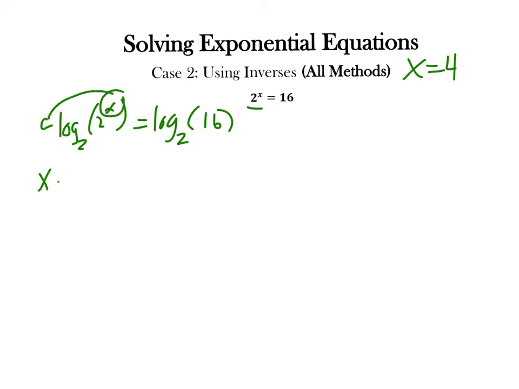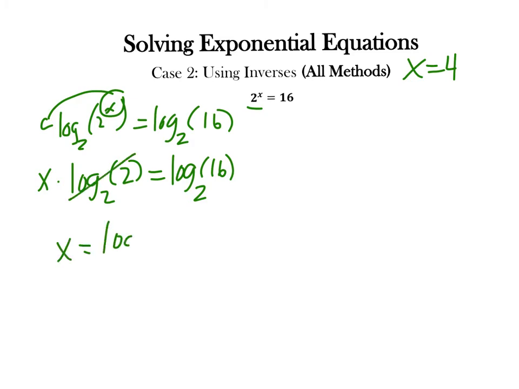So I have x times log base 2 of 2 equals log base 2 of 16. Now, log base 2 of 2, because they're inverses, is always going to cancel to 1. So I can just cancel the left, leaving me with x equals log base 2 of 16.